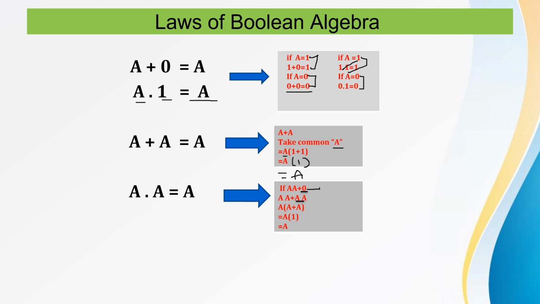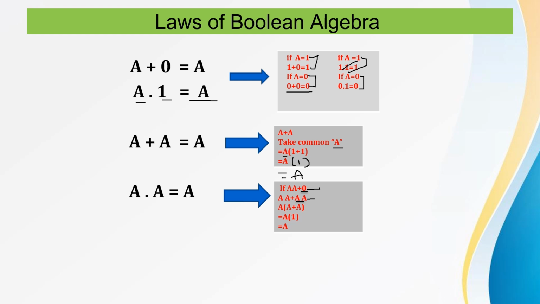So for this 0, I am adding a into a plus a into a bar. I can write 0 as a dot a bar. Does anything change? No.